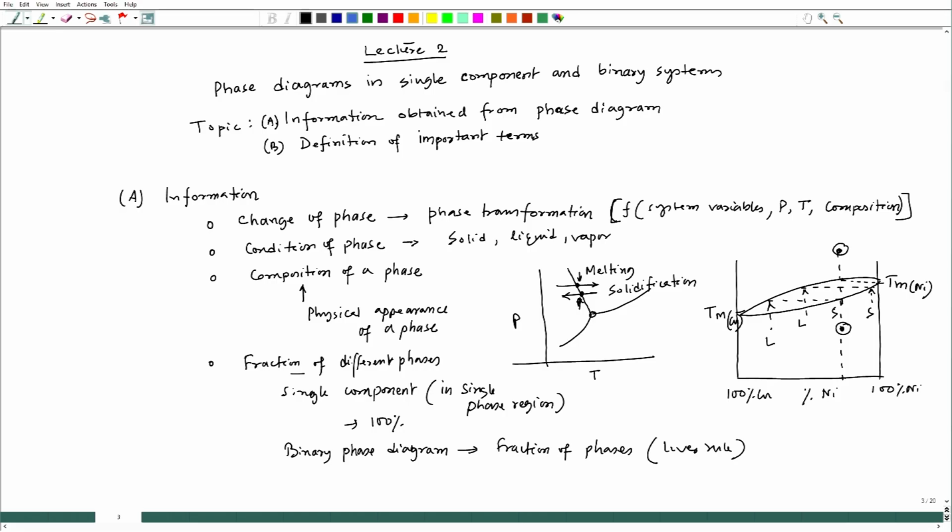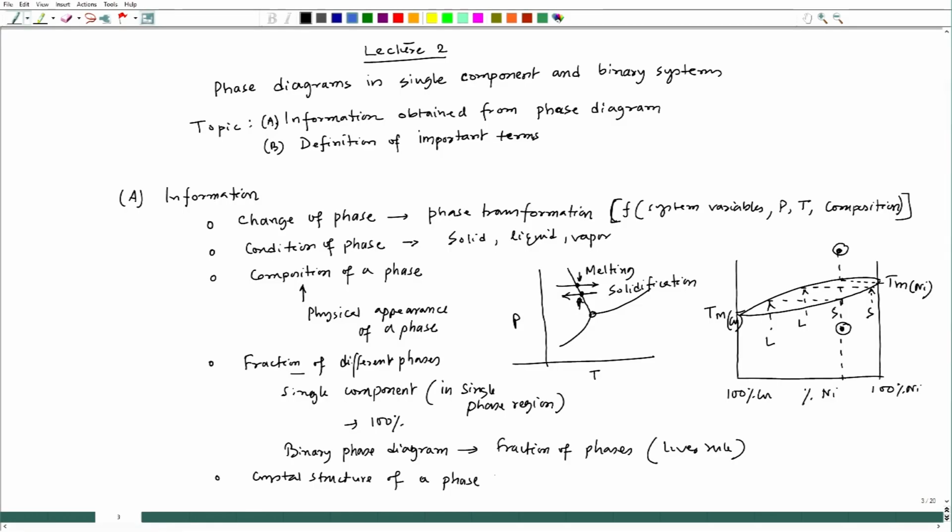So, at least we can get the fraction of different phases. So, these are the informations we get, and we can get several other informations, like if we have a little prior idea of a kind of phase, we can get the crystal structure of a phase. We can get that. Okay. In fact, the crystal structure part will come into our consideration when we try to understand solution thermodynamics, and using that we can calculate.